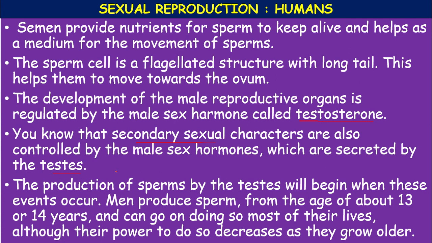The production of the sperms by the testes begins when puberty events occur. Men produce sperms from about 13 or 15 years and go on doing so most of their life, and it decreases as they grow older.